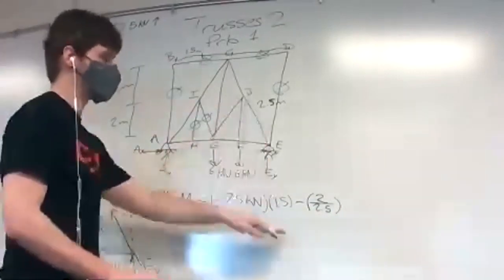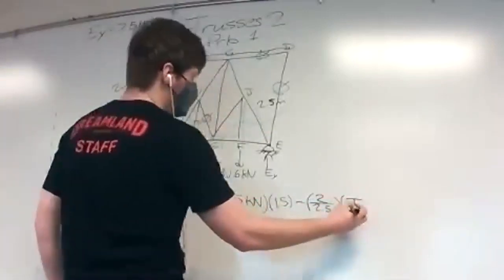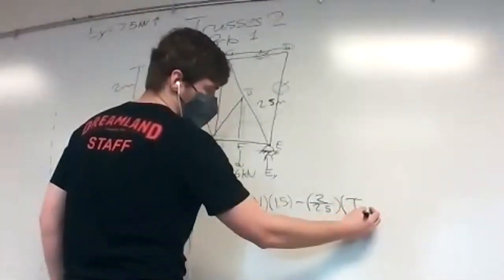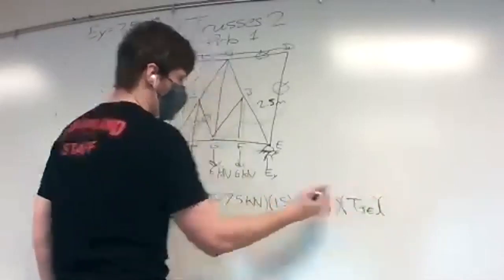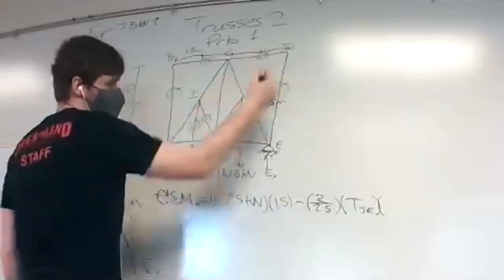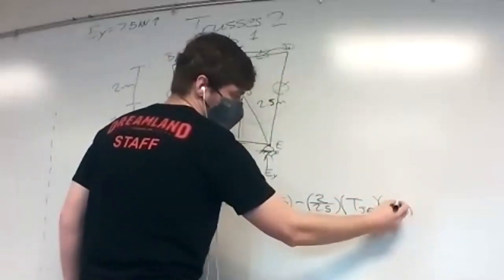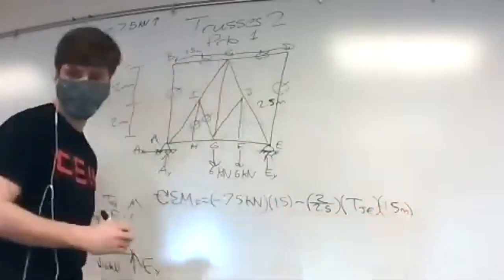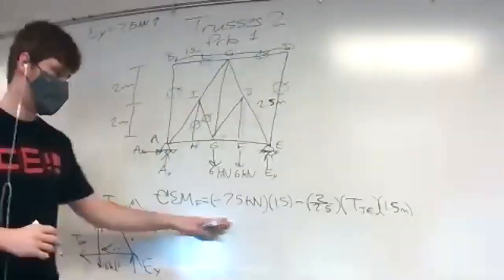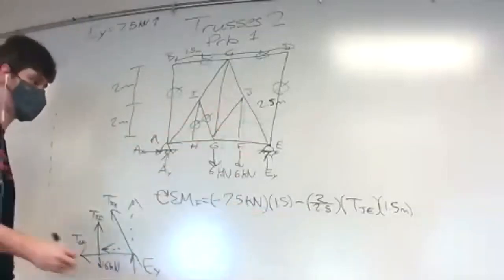Our unknown JE is going to be 2 over 2.5 times TJE times the distance from F to E, which is the same 1.5 meters from here to here. That's where we get this equation from. And what we're doing with it is we're solving for JE.